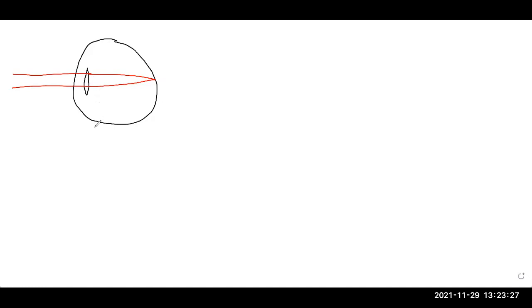If you want to look at something which is closer, the image distance is going to be the same. The distance between the front of your eye and the back of your eye isn't changing.